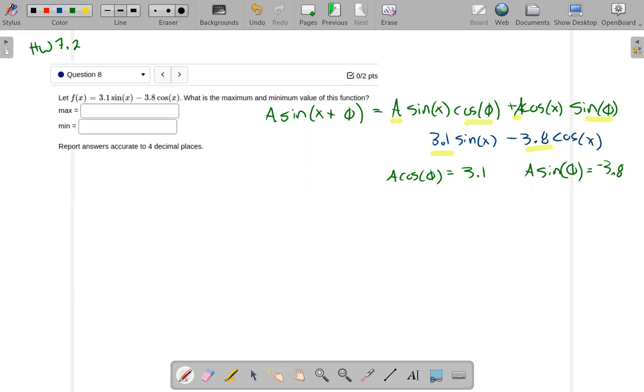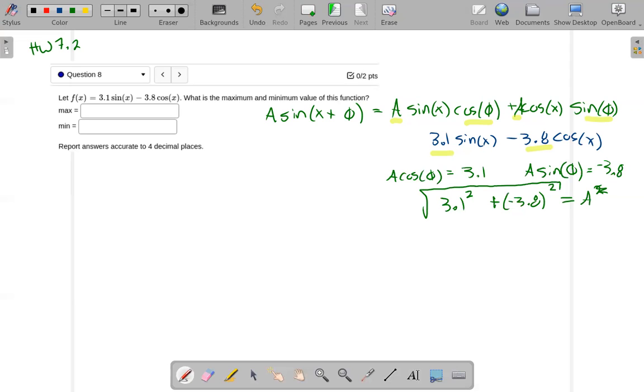And then there's a few steps with the Pythagorean theorem, but we can skip down to the next part, which basically says that the 3.1 squared plus the negative 3.8 squared is equal to a squared. So a is ultimately going to be the square root of those guys right there, whatever that happens to be.